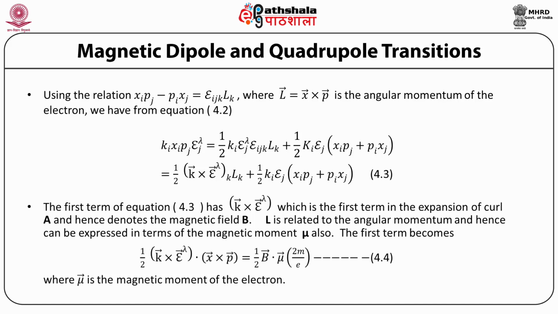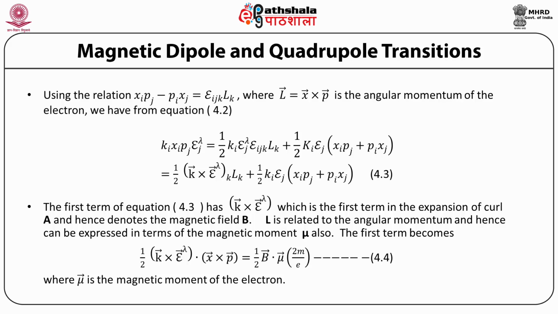The first term of equation 4.3 has k vector cross epsilon lambda vector, which is the first term in the expansion of curl A and hence denotes the magnetic field B. L is related to the angular momentum and hence can be expressed in terms of the magnetic moment mu also.